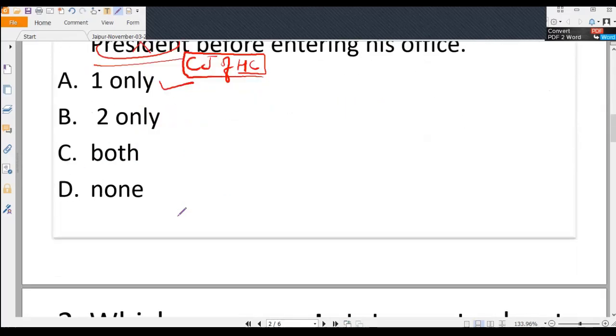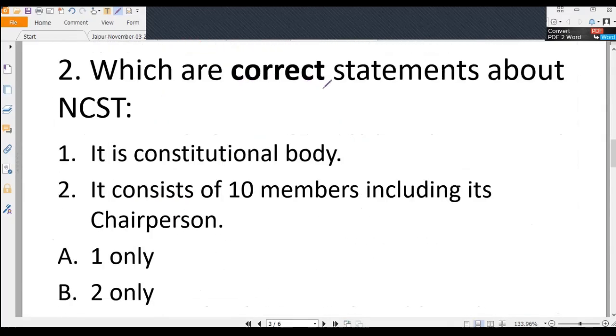Moving forward, question 2, which are the correct statements about the National Commission for Scheduled Tribes? Statement 1, it is a constitutional body. Statement 2, it consists of 10 members including its chairperson. Your options are one only, two only, both, and none. The first statement, it is a constitutional body.